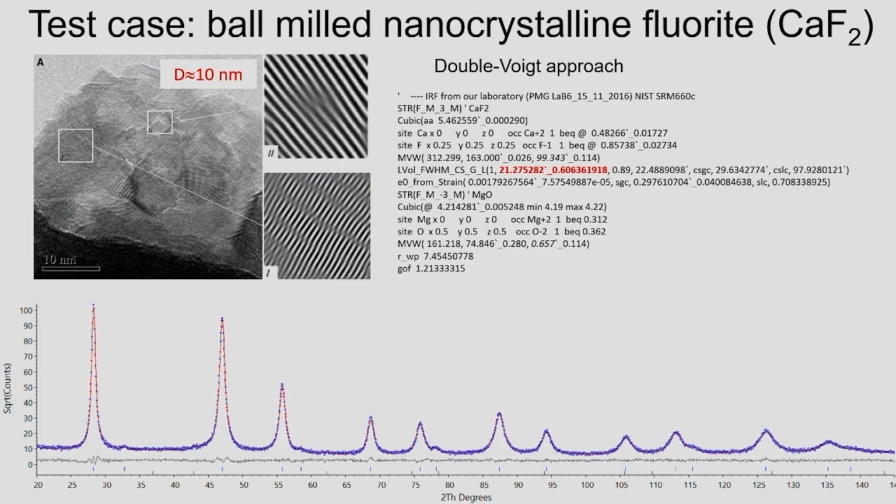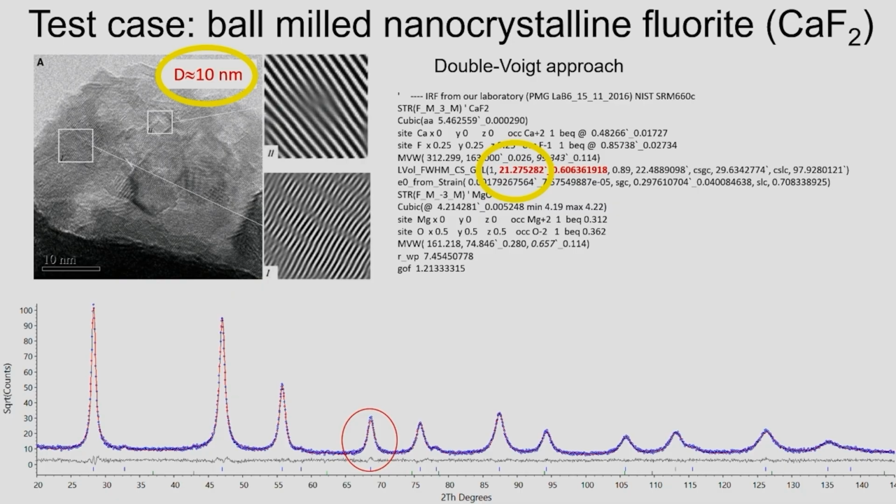Okay, now, this is the result using the double-Voigt approach we have already seen before. And we were kind of disappointed because there is some discrepancy in some peaks which are too broad or too narrow. So there must be some anisotropy, not large, but it's there. But especially the size was kind of wrong. You know, we're counting 20 nanometers and instead it should be like 10.